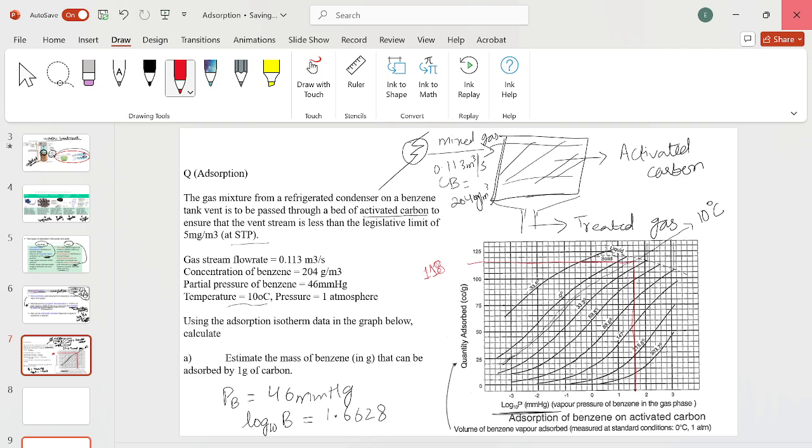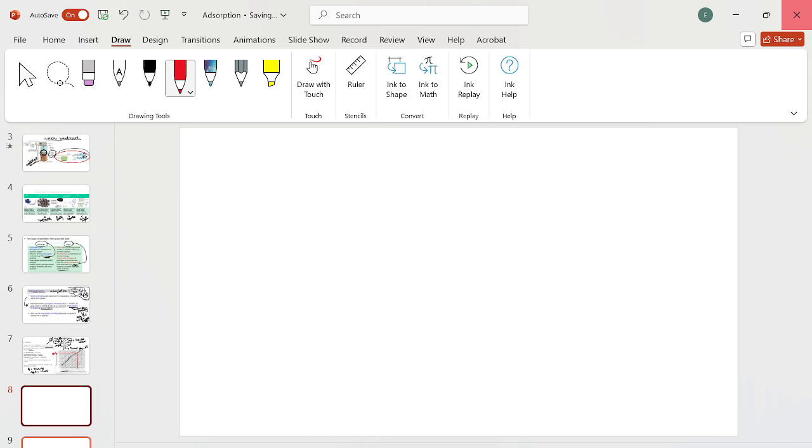The unit is cc per gram. So we have got 118 cc per gram, equal to 118 centimeter cube per gram.